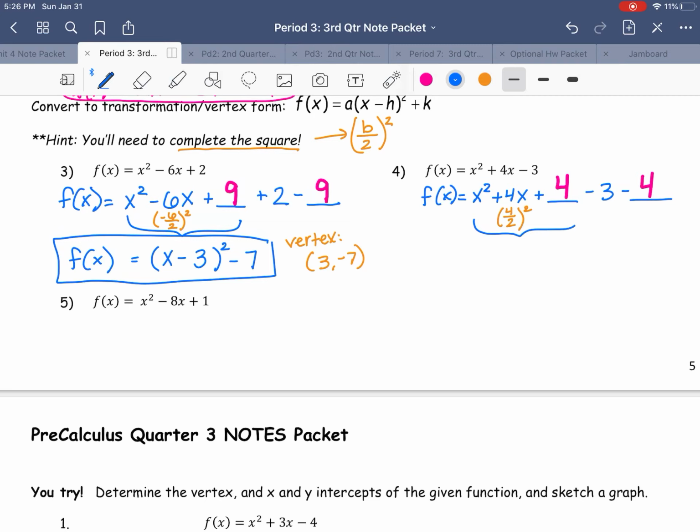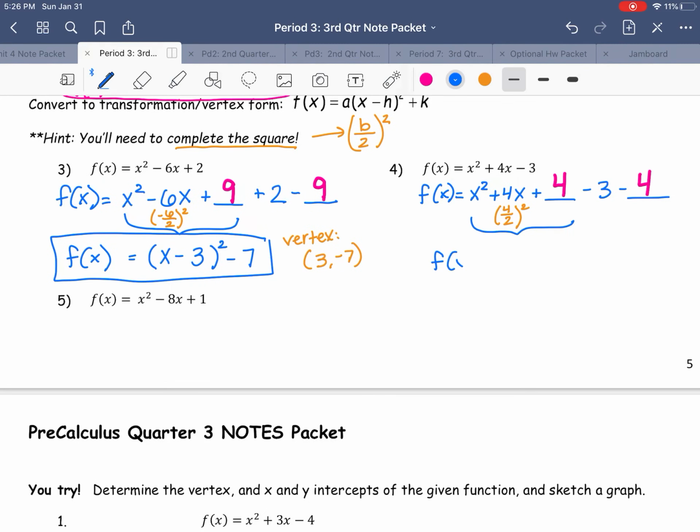The reason that we complete the square is so that these first 3 terms can now factor. And so they're always going to factor into the same thing twice. Remember the shortcut? To figure out what goes here in my factor, it's always half of b. Well, b is 4, so it's going to be plus 2.